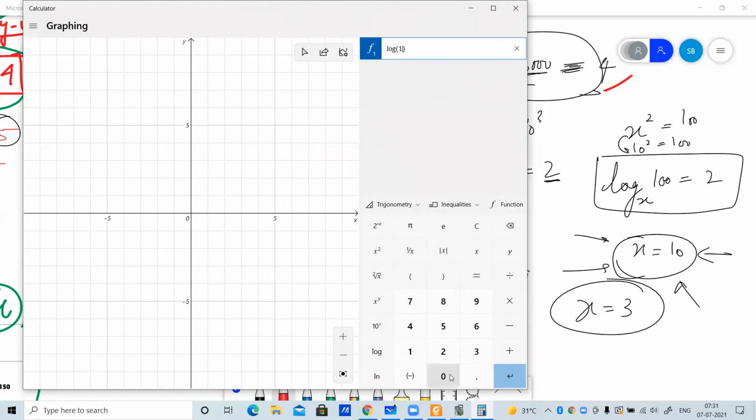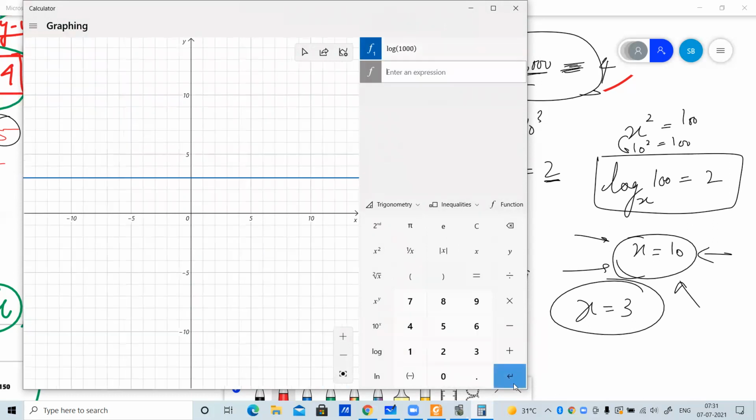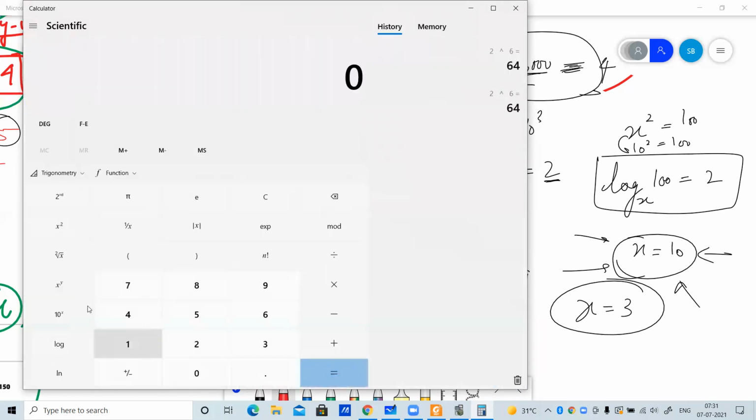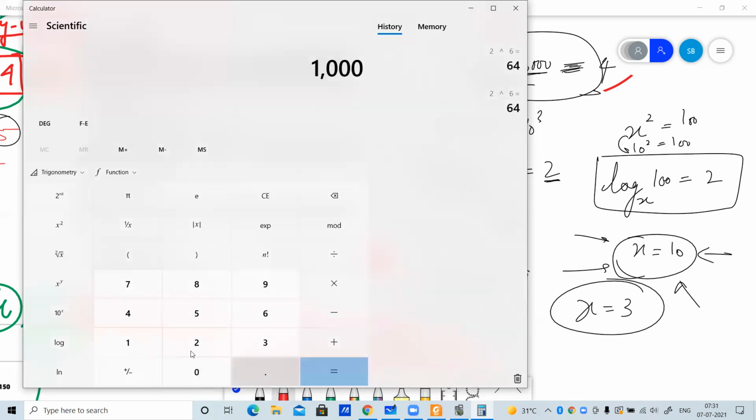For example, log of 1000 will be 3. See, log of 1000 is 3. Whenever it's written log only, that means there is a base of 10.